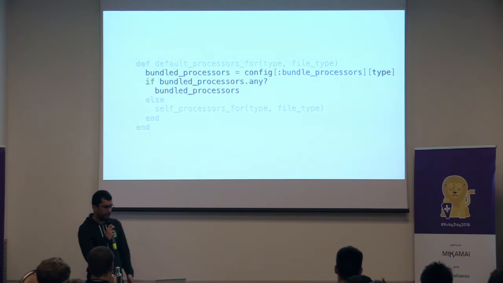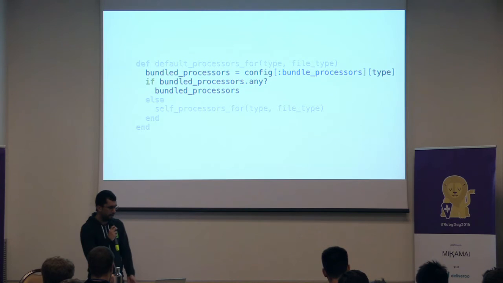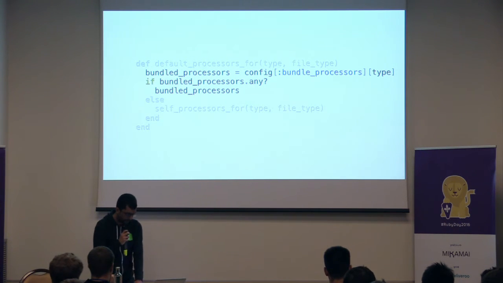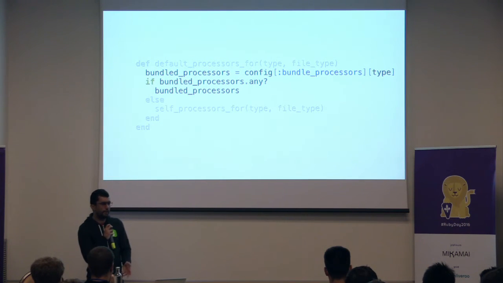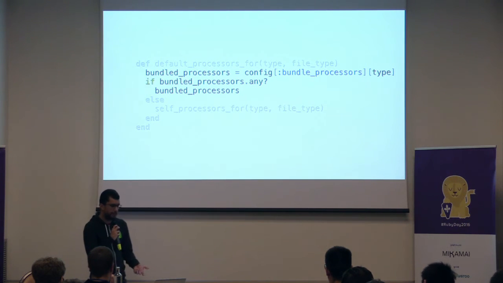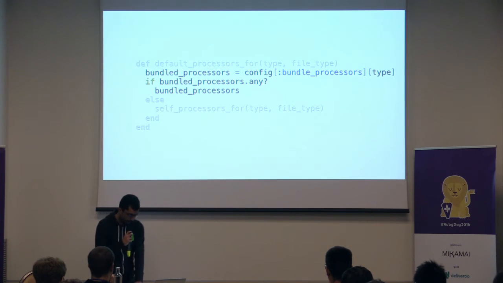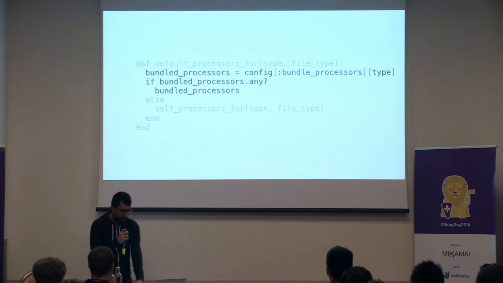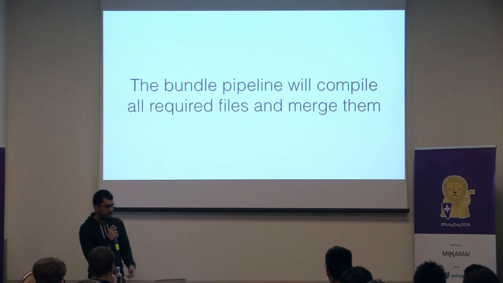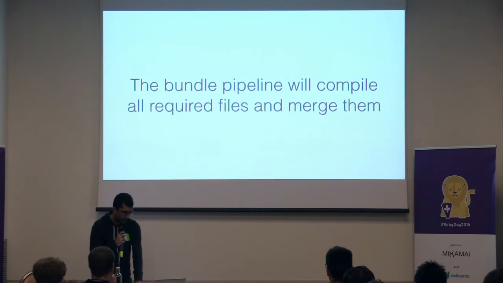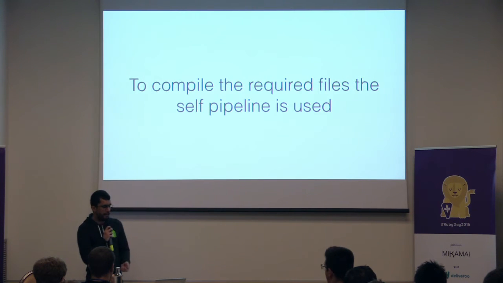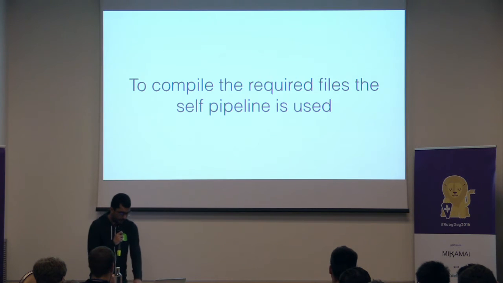And if there is any bundle processor, it only uses that. So in the case that we have a bundle processor for JavaScript, it's going to take that processor and execute it. So the bundle pipeline itself will compile all the files and mesh all of them together in one single file. And to compile every single individual file, Sprockets uses the self pipeline.